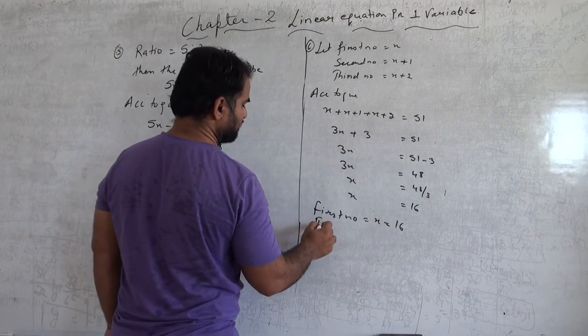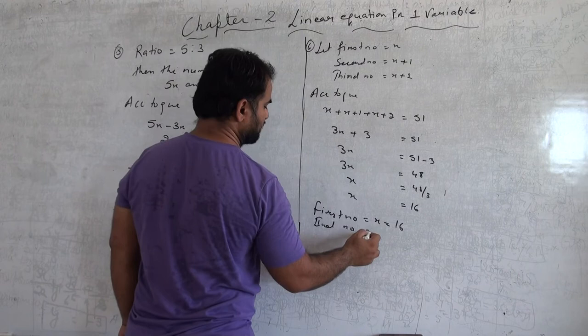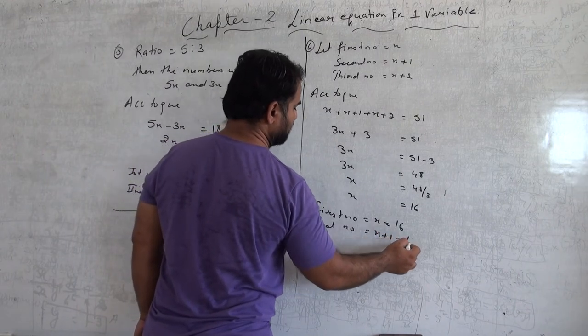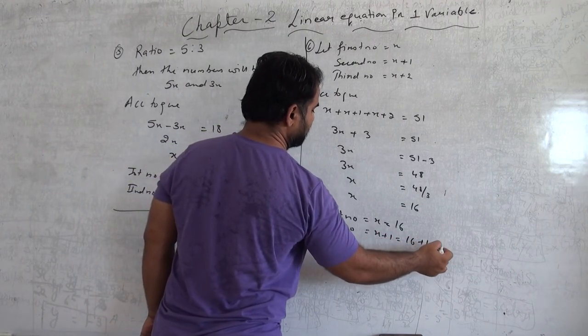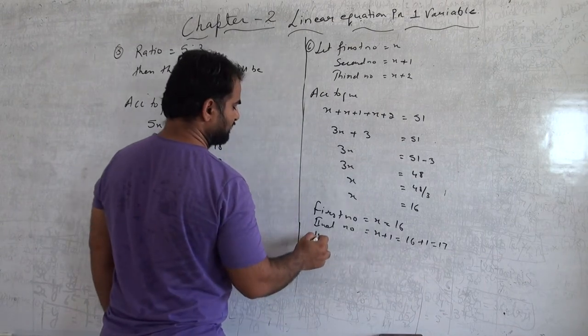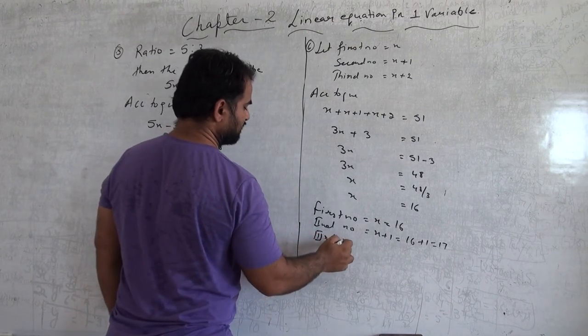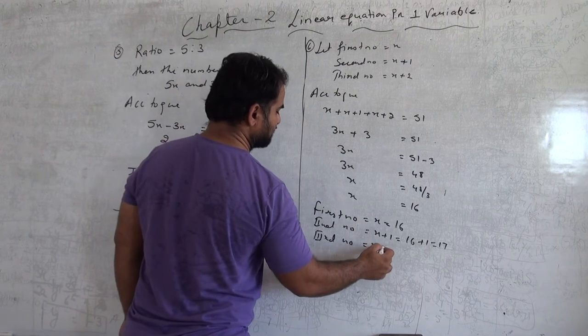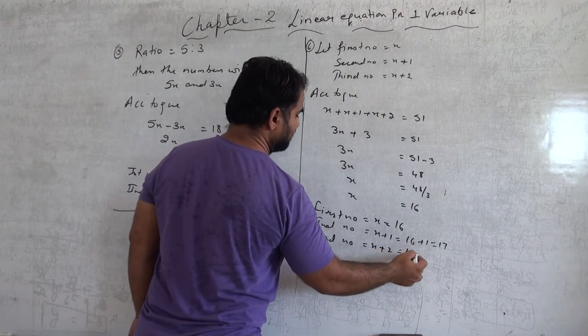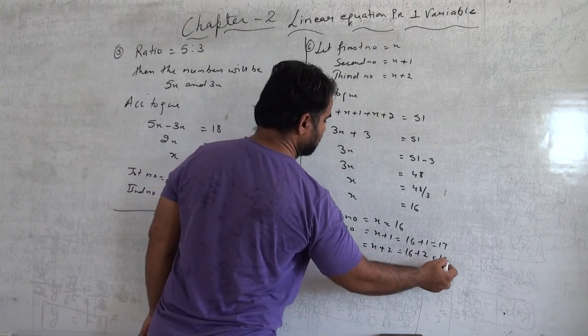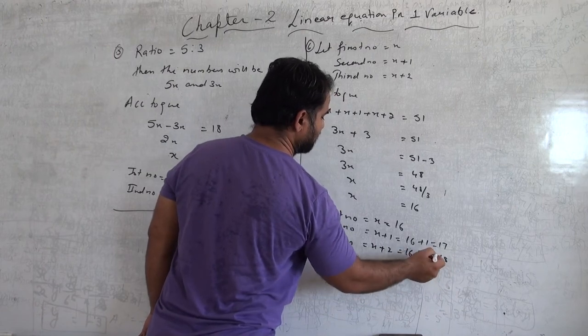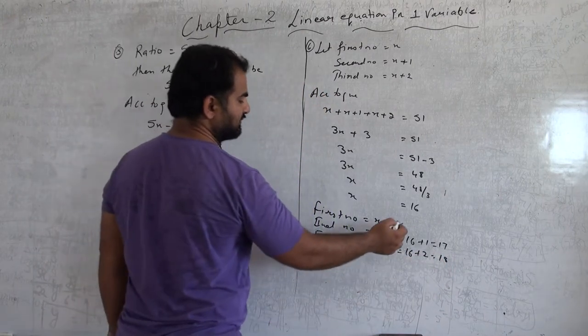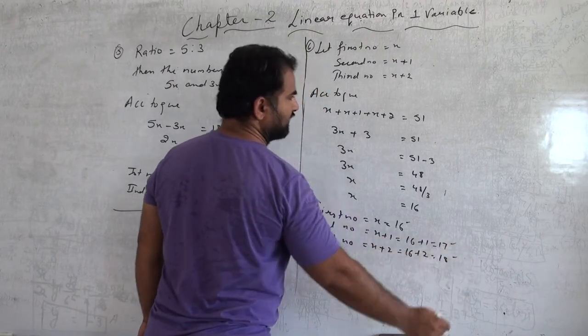Second number is x plus 1, 16 plus 1 equals 17, and third number equals x plus 2, 16 plus 2 equals 18.